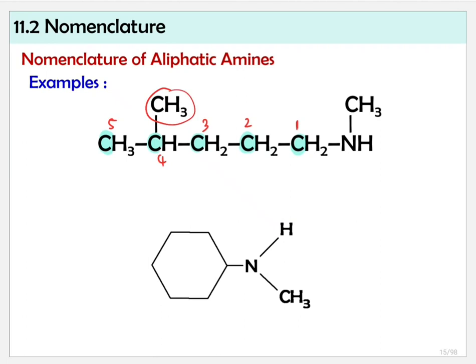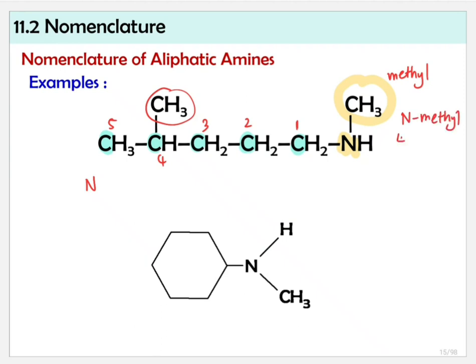So, at carbon number 4, there are CH3. And dekat nitrogen, okay, nitrogen ada CH3. So, this is methyl. Okay. Jadi, macam mana full name for this compound? Dekat N, N ada CH3. Jadi, kita akan tulis N dulu. Jadi kita ada N-methyl.